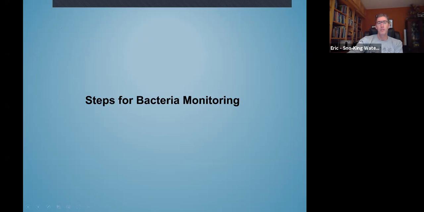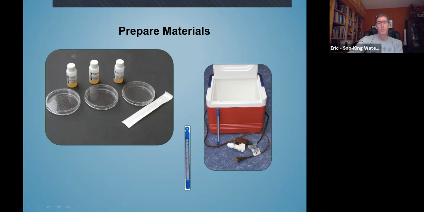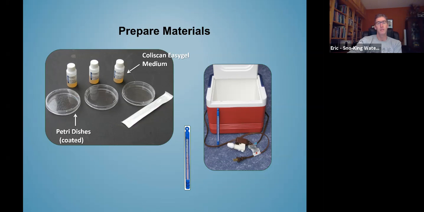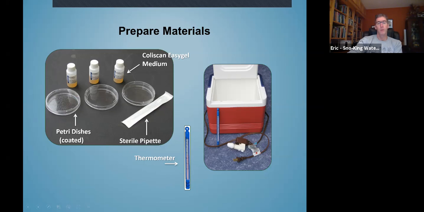Okay, so how do we actually do the monitoring? We have some different materials that we're going to use. We're going to use Petri dishes. We're going to use this stuff called Coliscan Easy Gel, which is a medium that's essentially like food for the bacteria. We're going to use a pipette to collect our sample. We're going to record the air and water temperature with a thermometer, and we'll also record a temperature while it's being incubated.